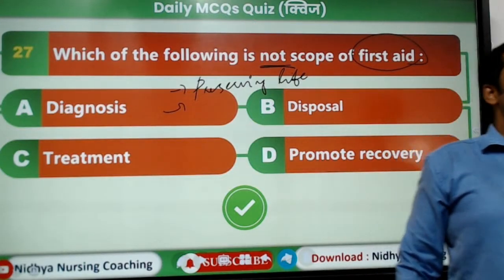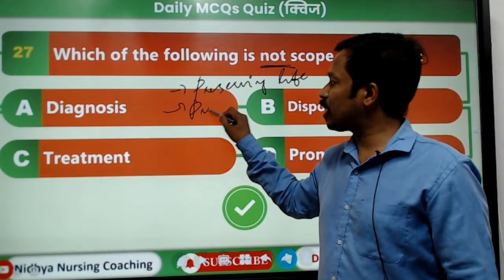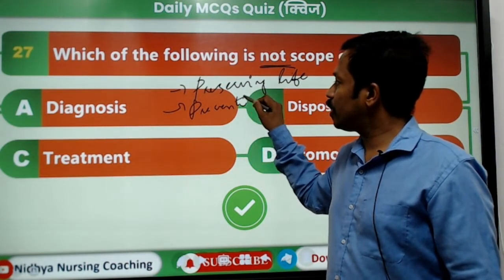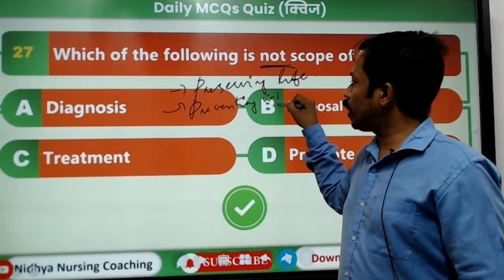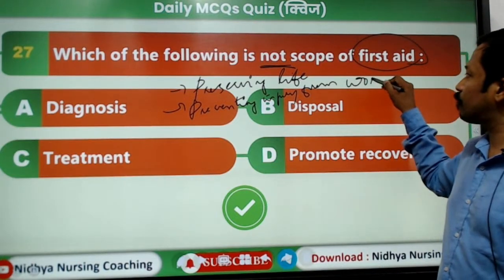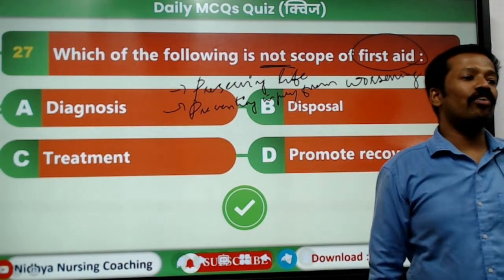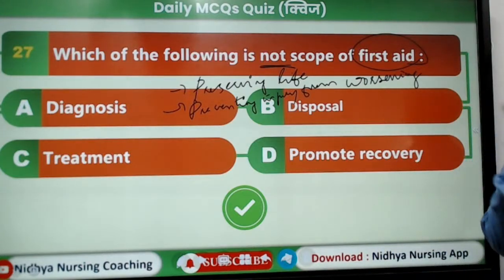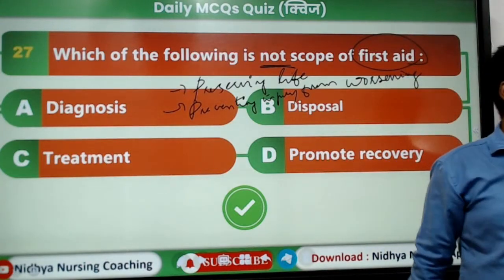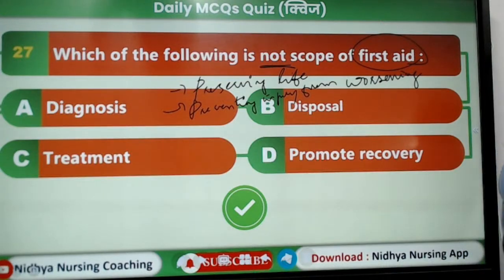Preventing injury from worsening, or preventing further injury. Both are right.